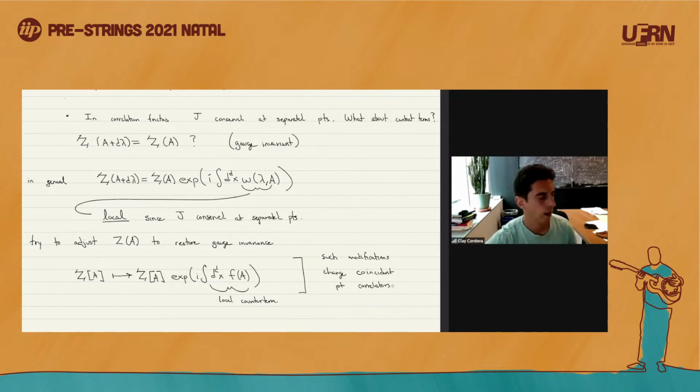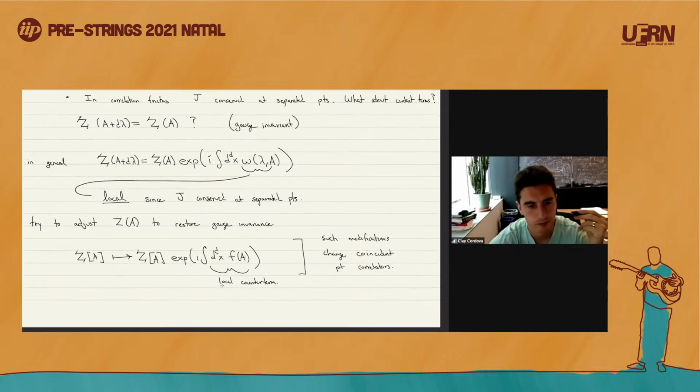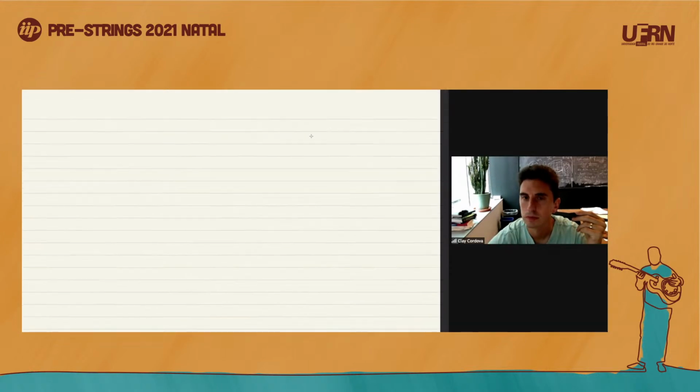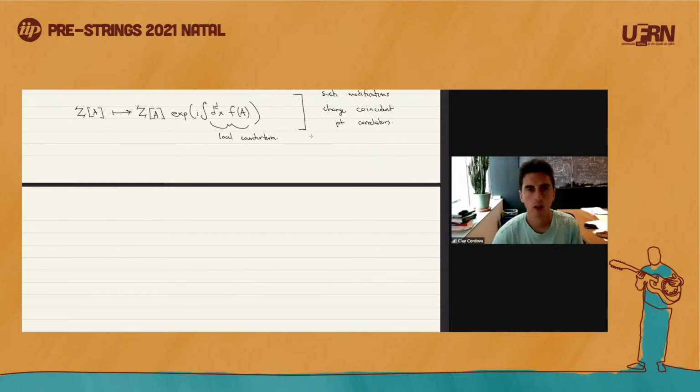And any change in scheme can be parameterized by a choice of f. So you could think that this freedom to adjust f is the same thing as the freedom to change your scheme.